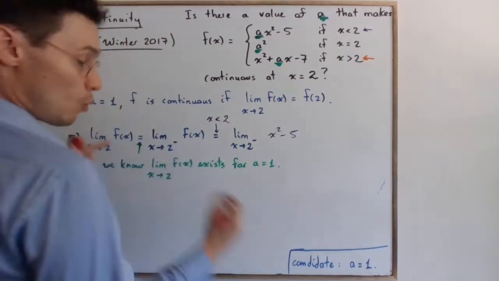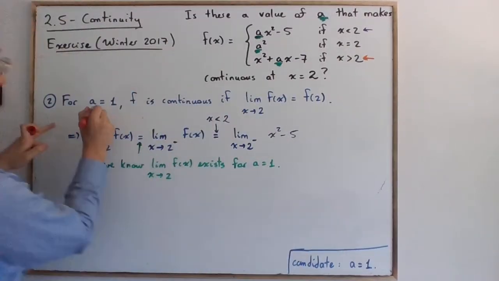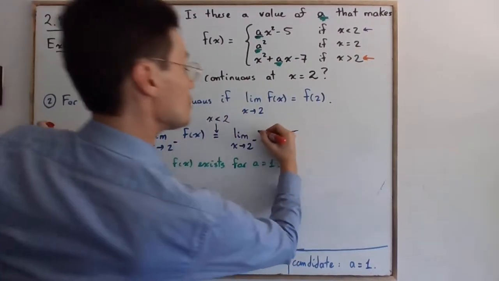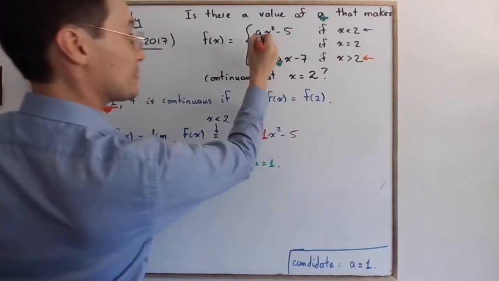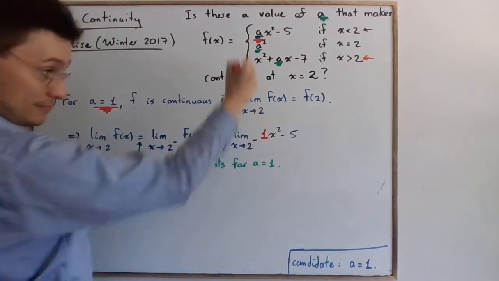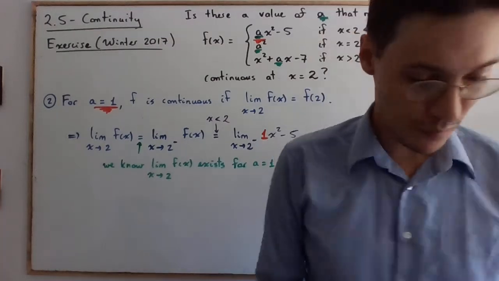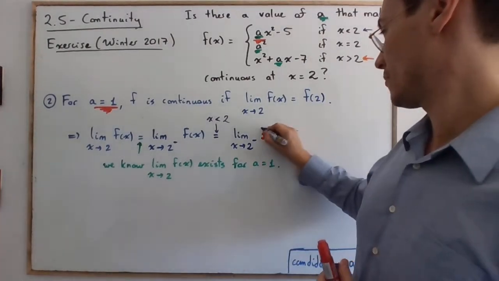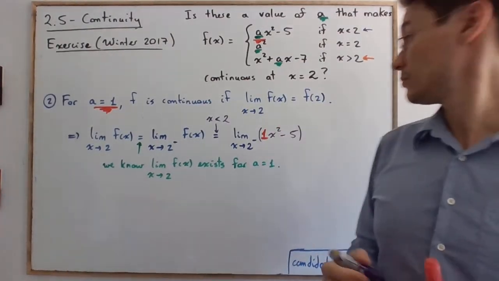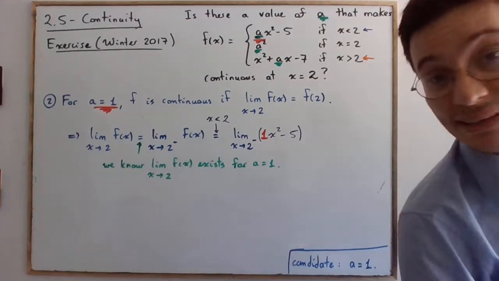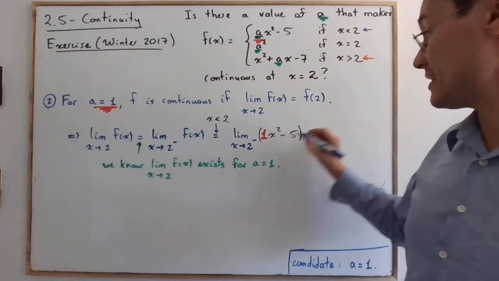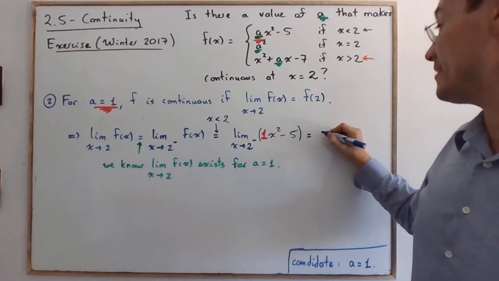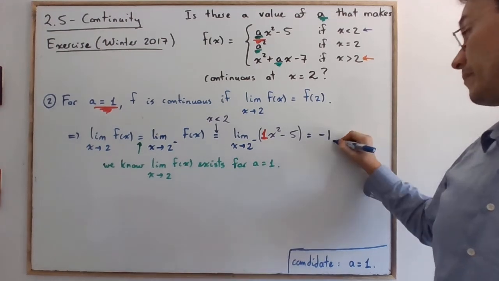Perfect. So whatever value we found here, we actually replace inside here. All right, and then we find whatever the limit is. So we have 4 minus 5, so it's negative 1.